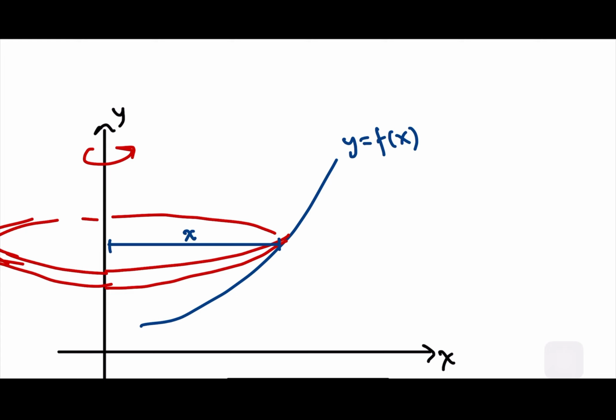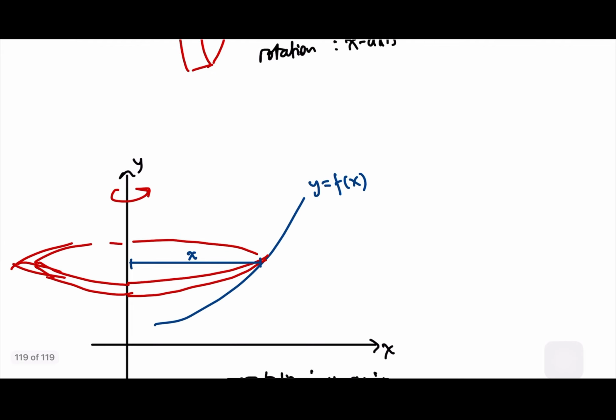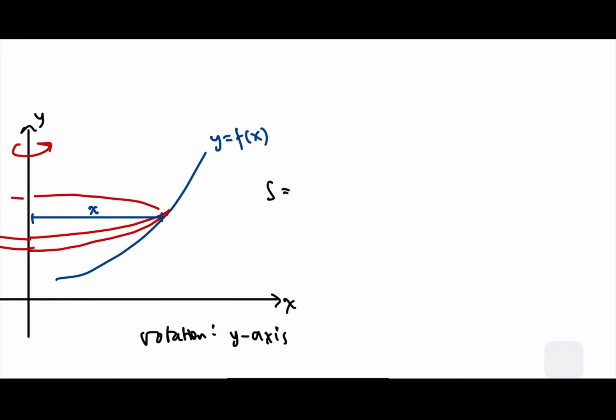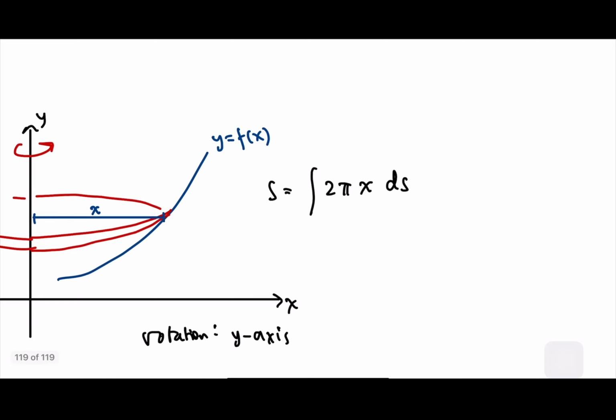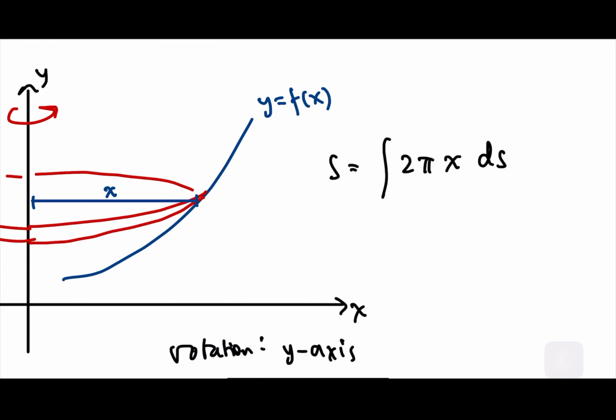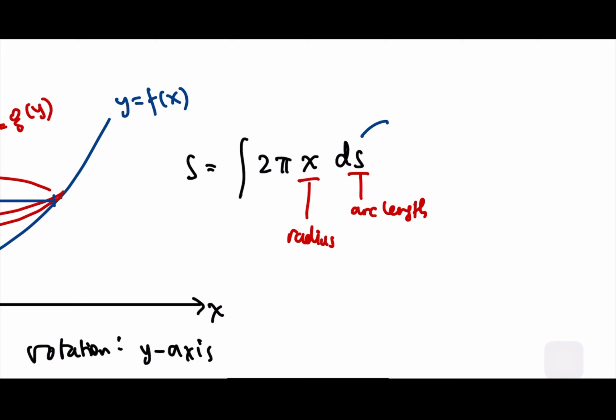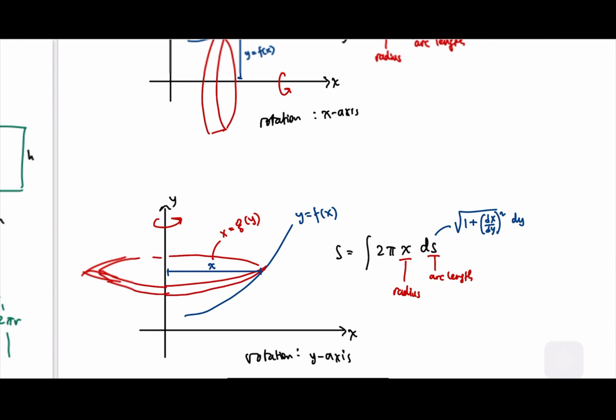So the surface area is 2 pi x, and again it's the x, but in our case here we are going to let this x be in terms of a function of y. So this will be the radius, this will be the arc length, and our arc length here we need to also express in terms of dy. So we are going to have square root of 1 plus (dx/dy) squared and then dy. So you need to exchange y with x or x with y between these two.